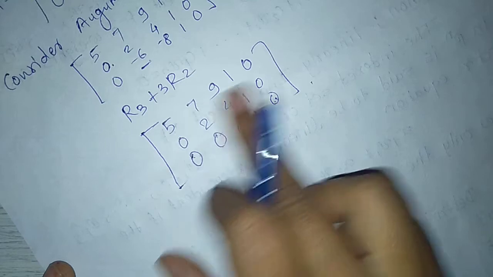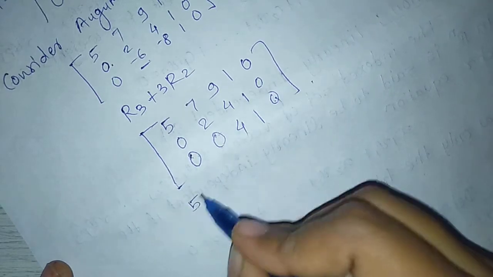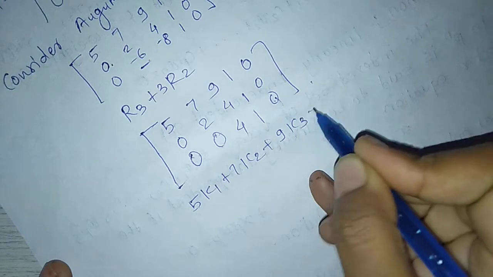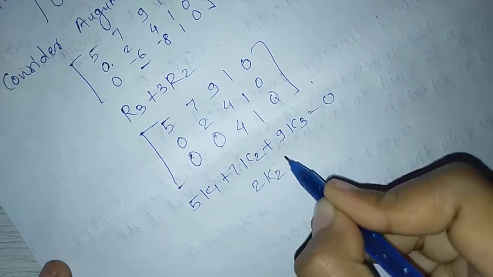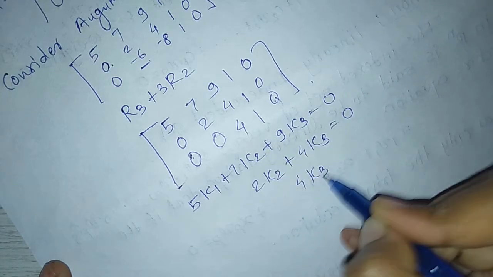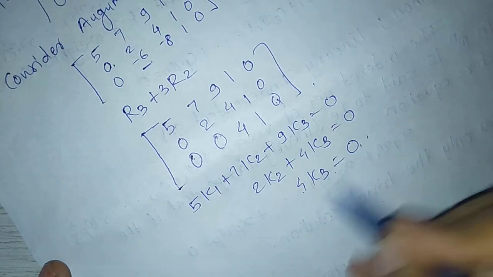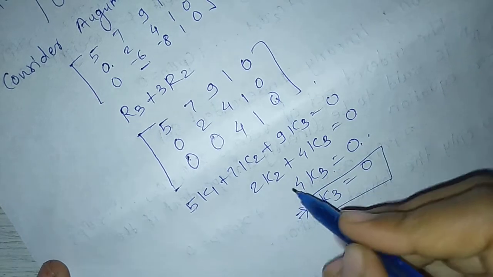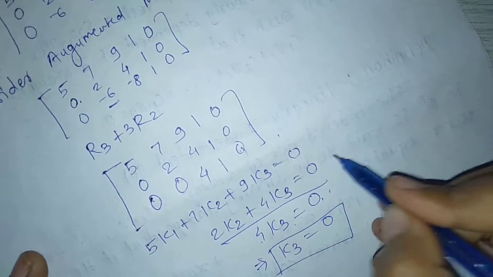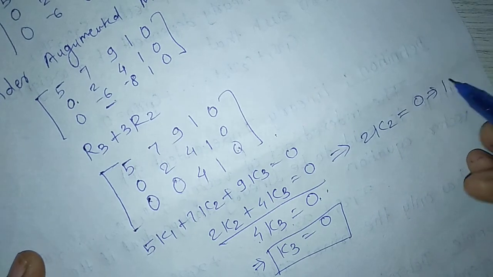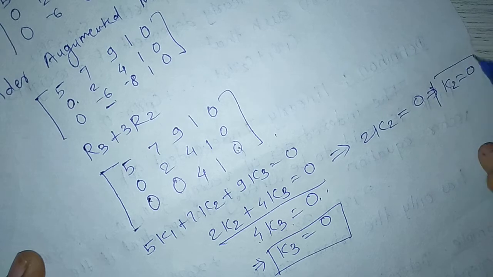Now the equations become 5k1 plus 7k2 plus 9k3 equal to 0, 2k2 plus 4k3 equal to 0, and third, 4k3 equal to 0. 4k3 equal to 0 means k3 equal to 0. Here k3 equal to 0 means 2k2 equal to 0, which implies k2 equal to 0.